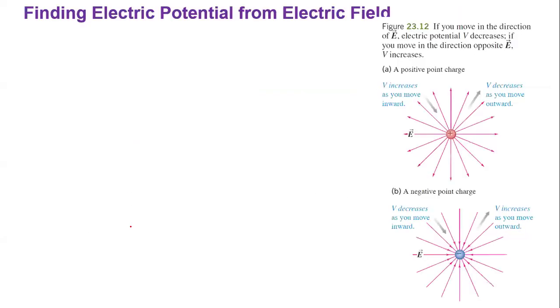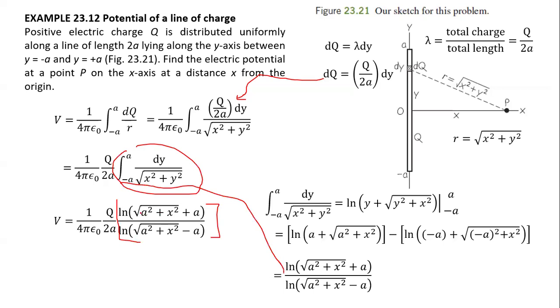That is the potential. This is the potential of the line of charge like this, which has length 2a and total charge q. This is the potential of that at point P, a distance x from the origin.